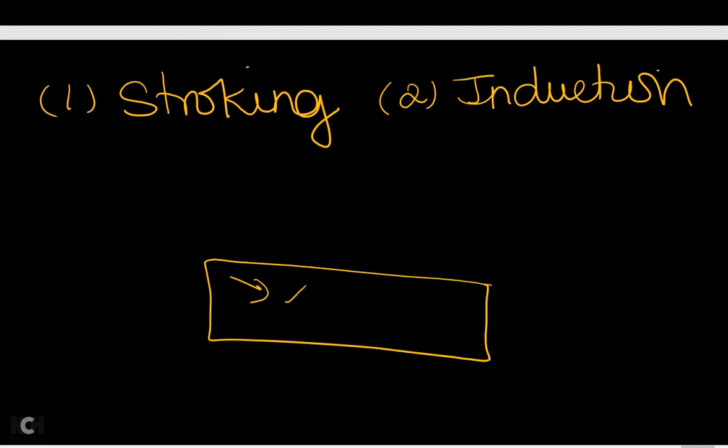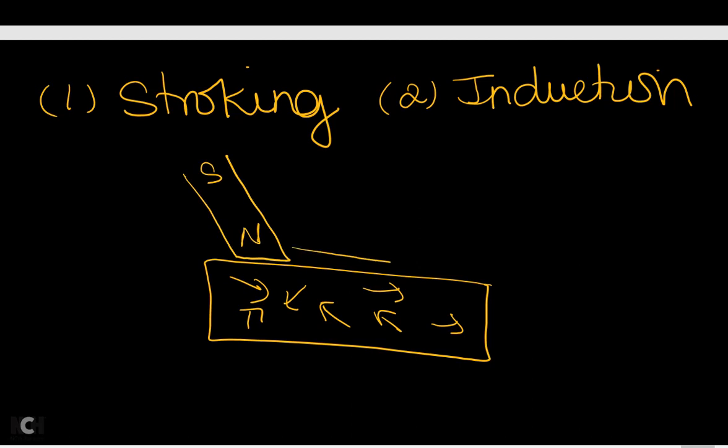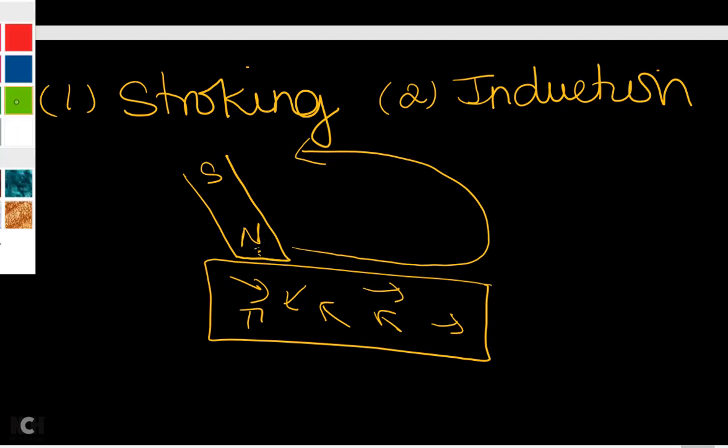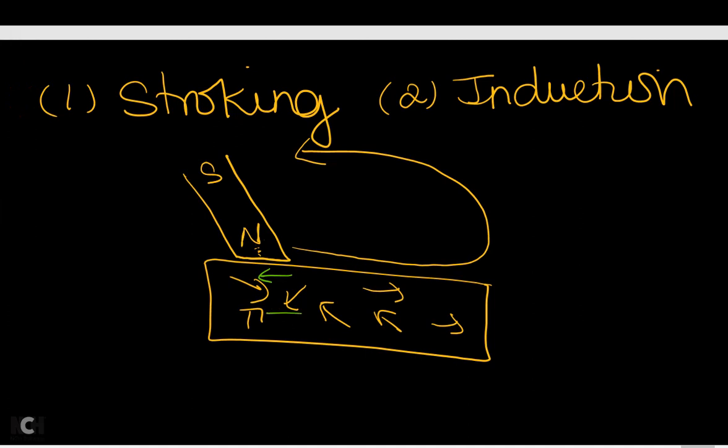Now, let's go back to the unmagnetized material. So here I have this unmagnetized material, and if you take a known magnet, right, your north pole, and you drag it along the surface of this unmagnetized material, and you do it in a circular fashion, then the north pole of this magnet is going to force the south poles of the domains to align.